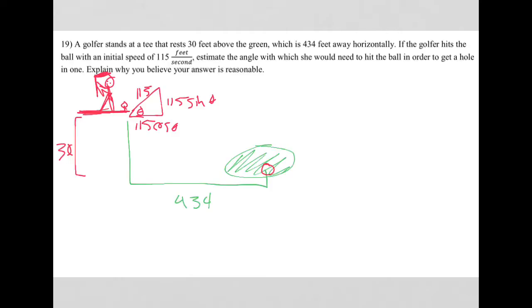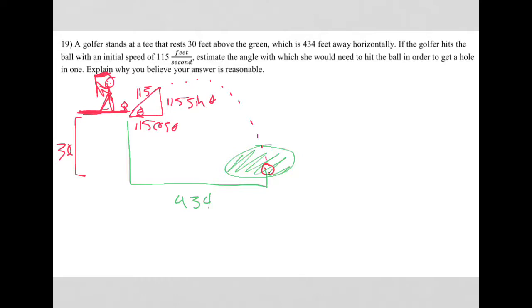And we can use that to figure out what that angle needs to be in order for this ball to plop directly into that hole, which is pretty unlikely. I don't have any idea if 434 feet away is a reasonable distance to hit a golf ball, because I'm super unathletic. But we're just going to follow the math and see what happens.